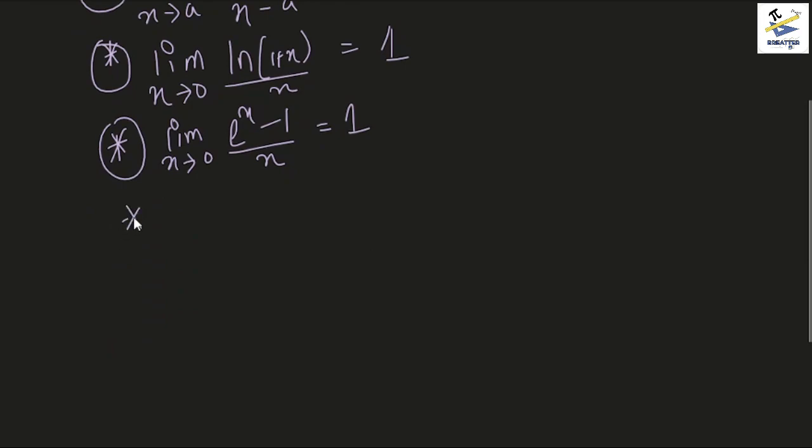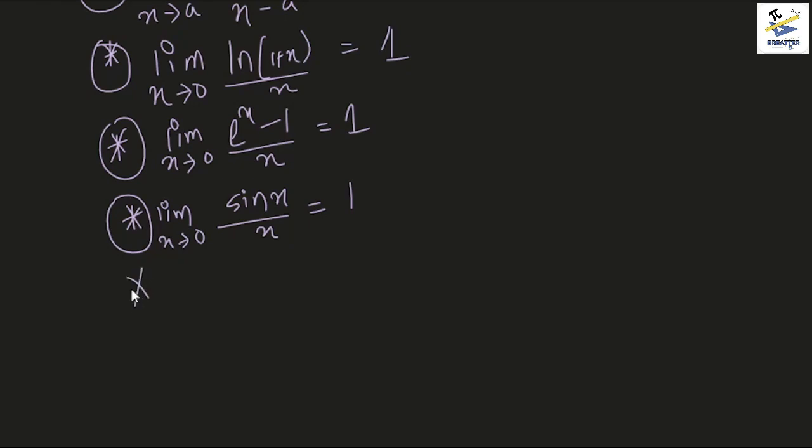Then we had the limit involving the sine function, which was limit x tends to 0 of sin x by x equals 1. Now we have the improper limit as follows.